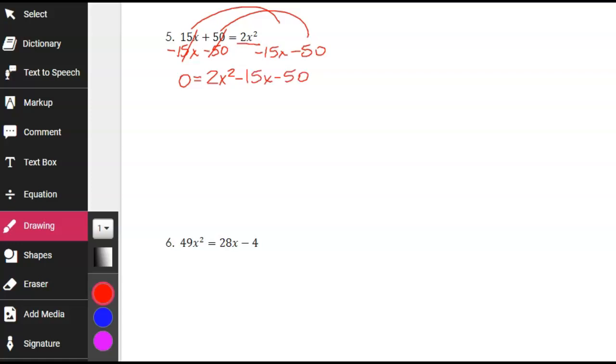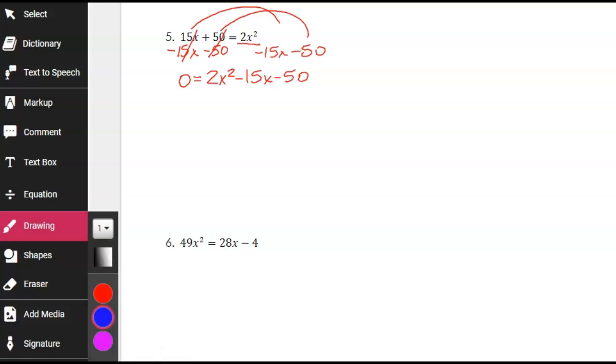Remember, the minus 15x and minus 50 can't be combined with the 2x squared because they're not like terms. They don't have the same variable and exponent. So I notice that there's no GCF that I can take out of all 3 of these terms.